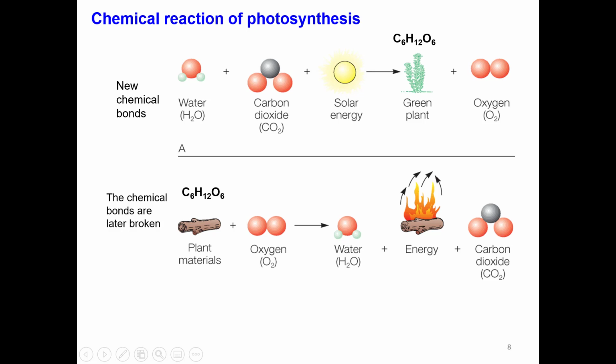What happens in this case is that water reacts with carbon dioxide and, plus energy, in this case solar energy, forms glucose plus oxygen. The reverse reaction can also happen: glucose, plant material, reacts with oxygen and produces water, energy, and carbon dioxide.